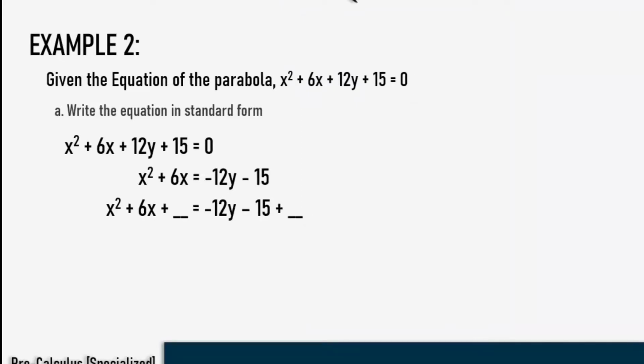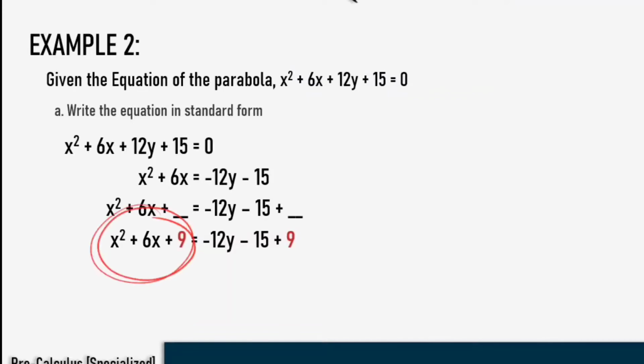Since that is 6, so divided by 2, we get 3 squared, which is equal to 9. Ang 9 na yon ang ilalagay natin sa mga spaces na pinrovide natin kanina. We have x squared plus 6x plus 9 is equal to negative 12y minus 15 plus 9.